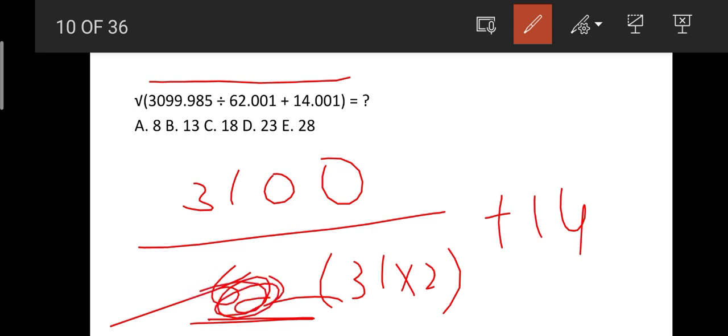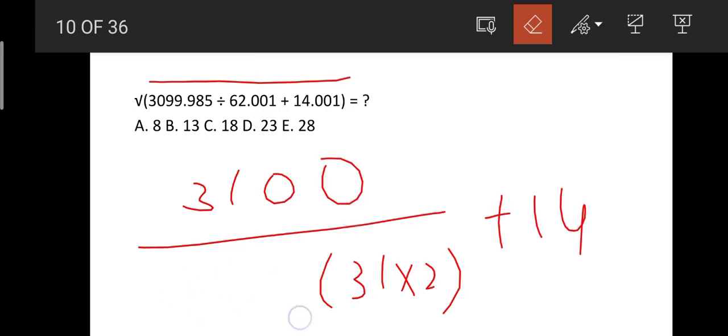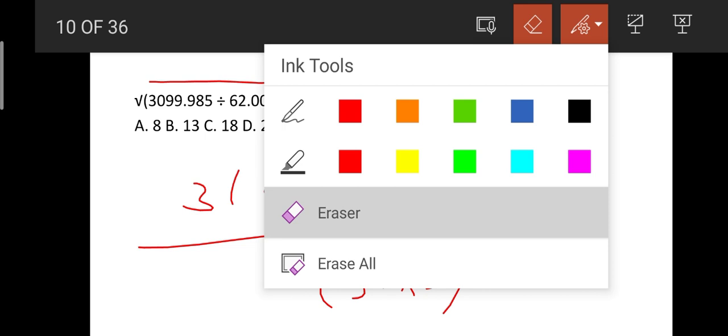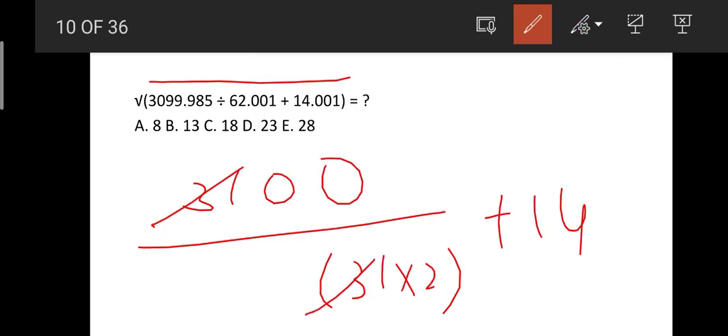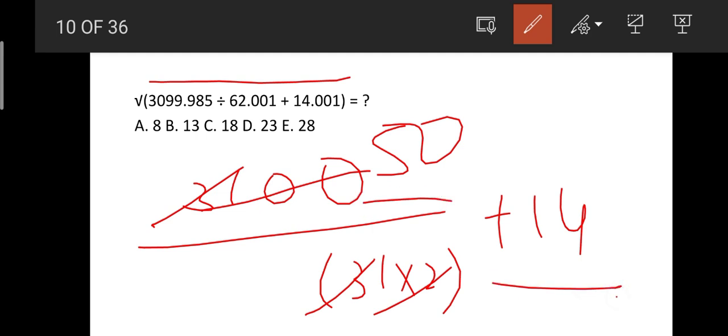Isn't that? We can write 62 as 31 into 2. Okay, then here 31 and 31 cancelled, and then 2 ones, 2 50s. 50 plus 14, it is nothing but 64. Square root of 64 is nothing but 8. That is first option.